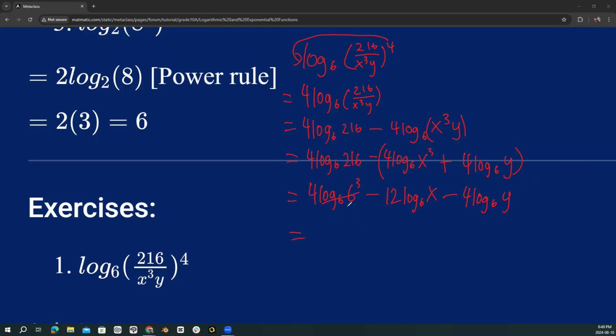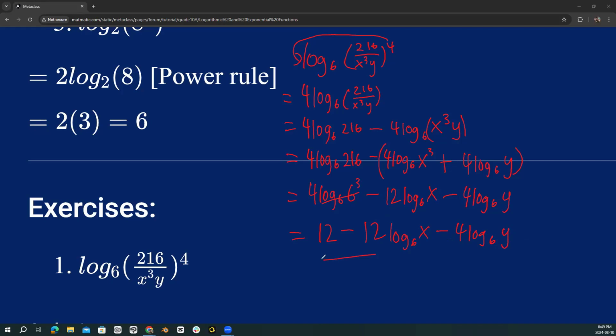These are going to cancel and just become 1. So our final answer should be 12 log 6 of x minus 4 log 6 of y. And that should be our final answer.